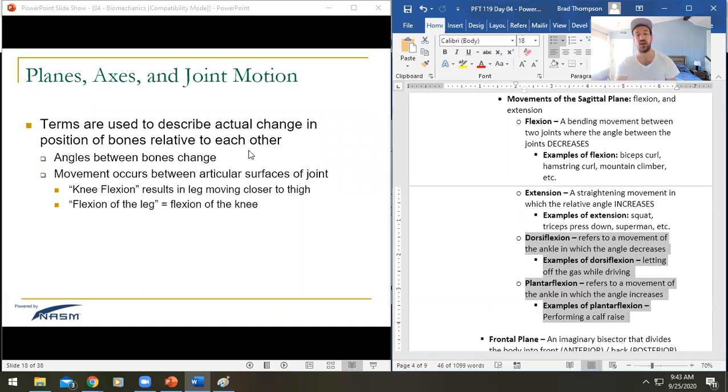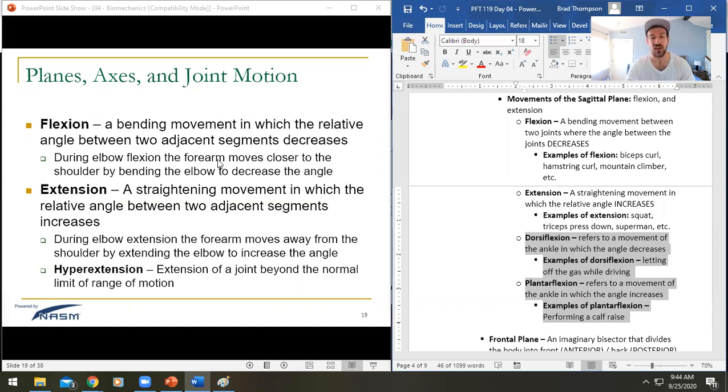These are terms that describe the actual change in position of the bones. You've got knee flexion, and hip flexion. We don't really want to say just flexion of the leg, that's too simple a term, but we'd say flexion of the knee. Flexion is a bending movement where the angle decreases.